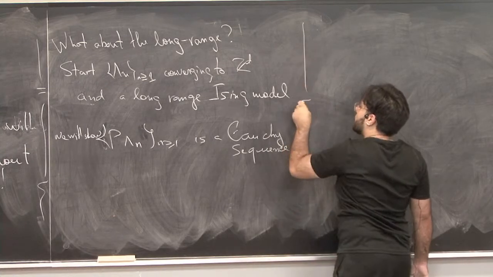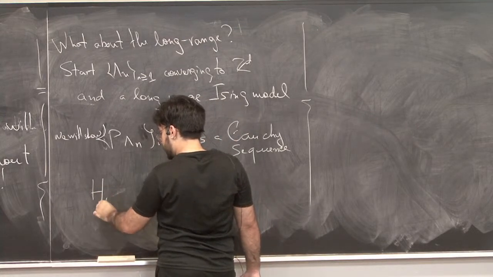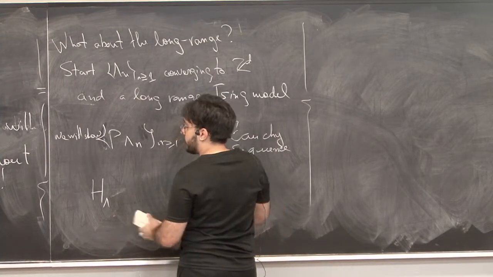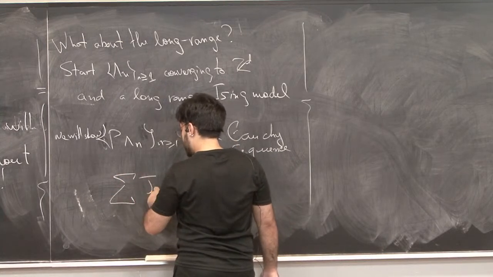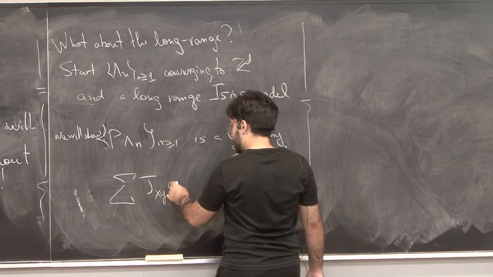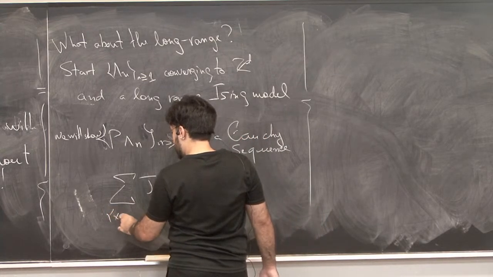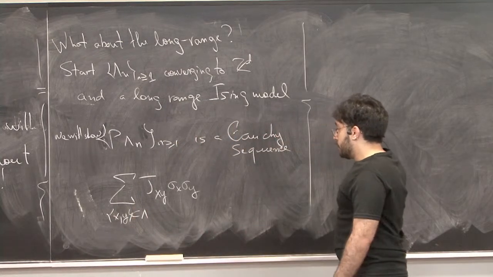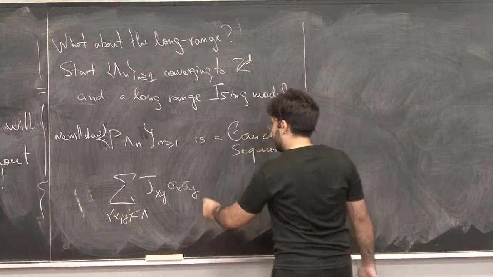So what do we need to do? Let us take a look again at the Hamiltonian of the Ising model, but now only at the part that has a two-body interaction. So let us look at this part right here: J_xy times sigma_x sigma_y, for xy inside Lambda. I can break this sum into two sums.